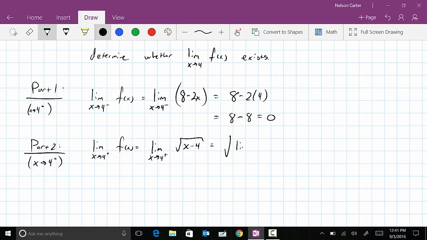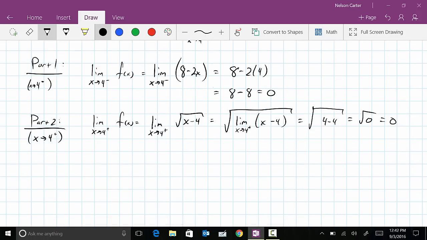This is a limit property that we've done. Okay, now what's inside there we can use the direct substitution property on, because that is a polynomial. So this is the square root of, and you plug it in, you're going to get 4 minus 4, which is the square root of 0, which is 0.